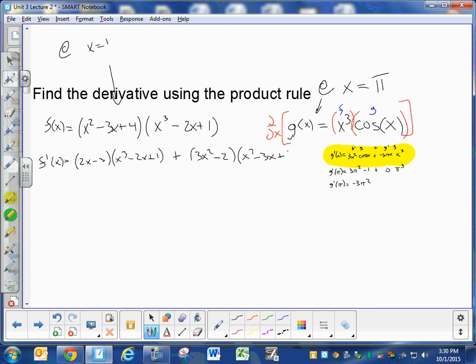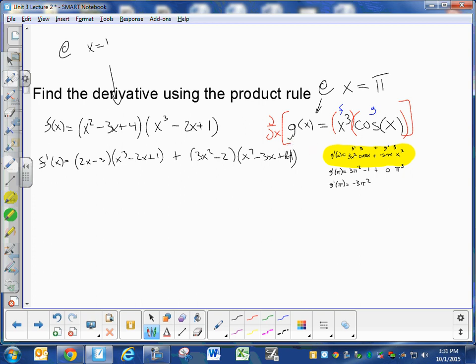That's long. That's a big derivative. But it is the tangent slope generator for that product of x squared minus 3x plus 4 times x cubed minus 2x plus 1. It has feelings too. You will be able to plug in values into this to find tangent slopes of my original function. This is fine.